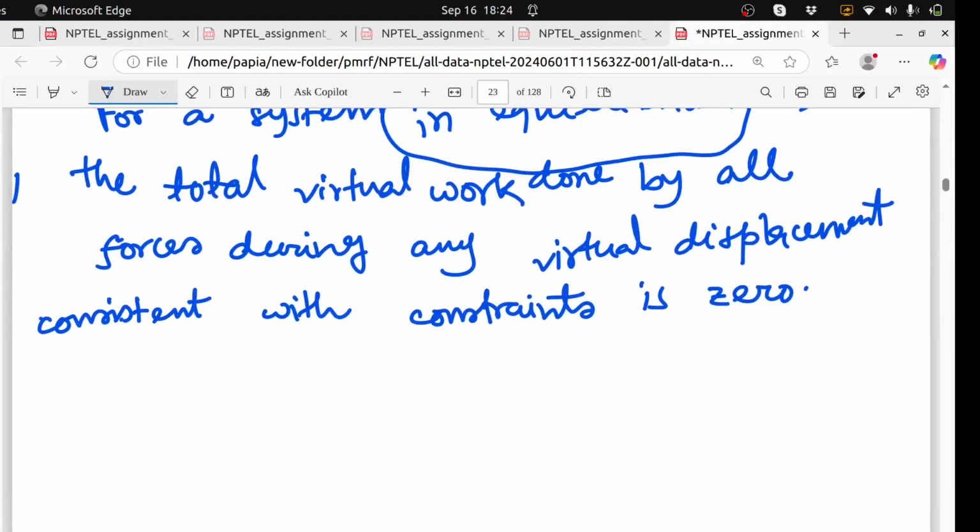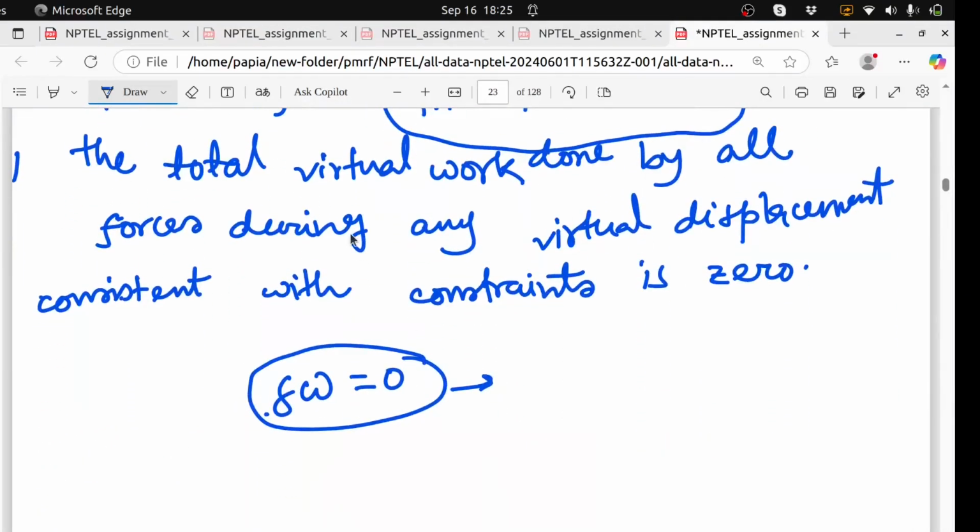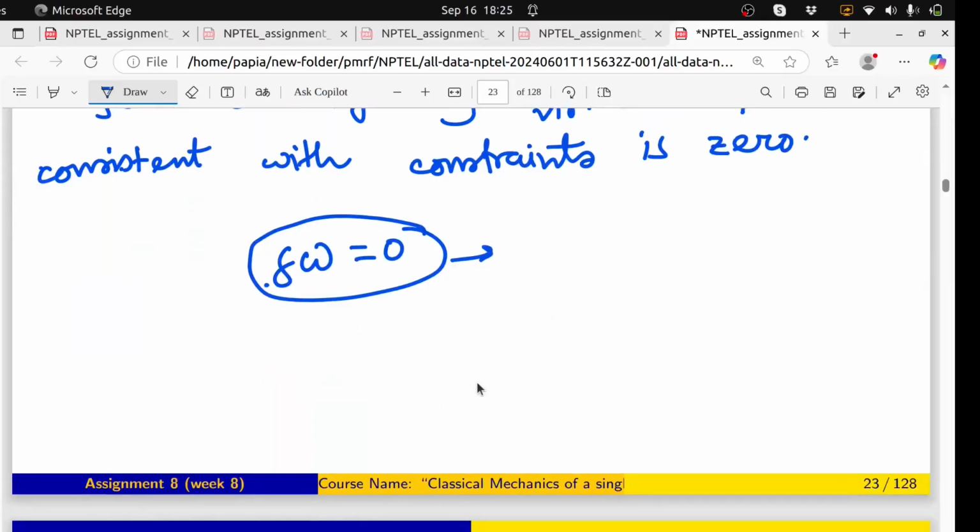So we can say delta W equals 0 in equilibrium. This is the principle of virtual work.